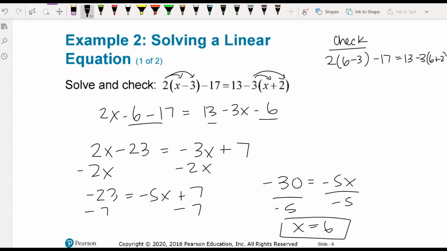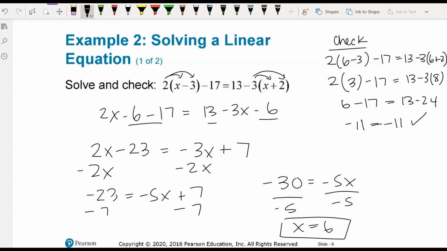Six plus 2. So 2 times 3, 8. So we get negative 11 and negative 11. So it works.